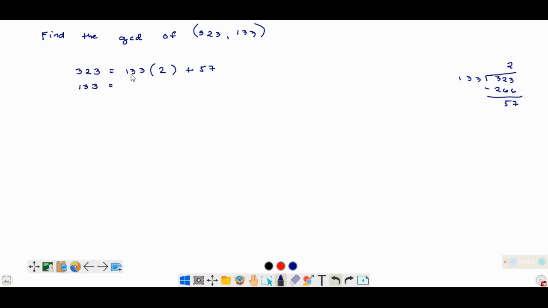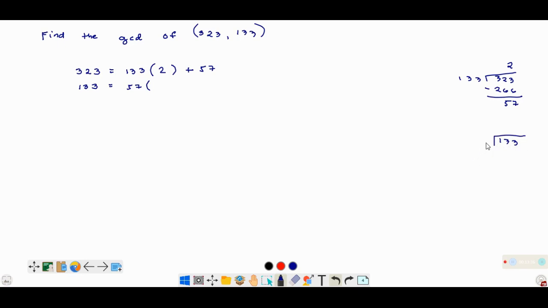Now let's take the smaller value from here. It will be our new number. Then write it as a combination of the product of the remainder times their quotient. So what is their quotient? 133. Please look at the right side.